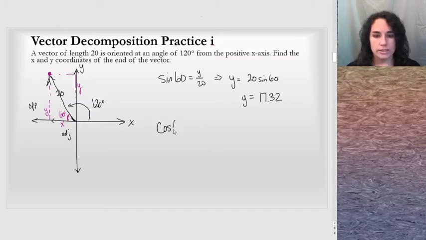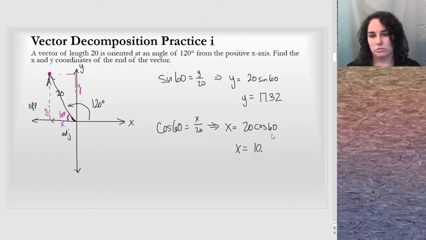Cosine 60 equals the adjacent over the hypotenuse, so x over 20. I do some algebra on this and get x equals 20 cosine 60, and I get x equals 10. When you plug this into your calculator, you get 10. Cosine 60 is a half, and half of 20 is just 10.